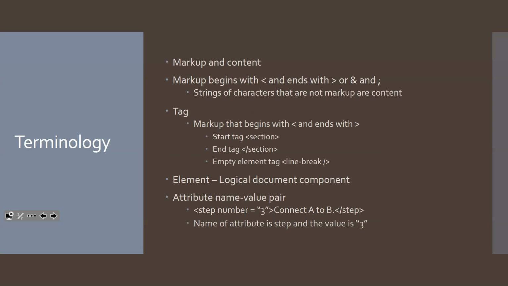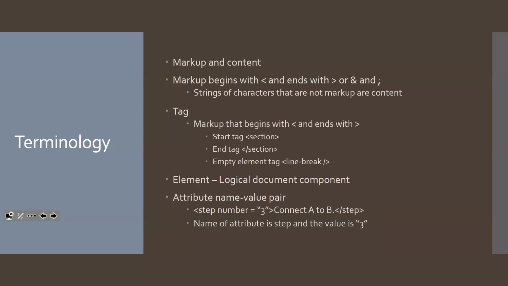This would start section. This would be our ending tag. We can have an empty element tag if we just had a carriage return and then a slash greater than symbol. Now, every time we run into a logical document component, we can refer to that as an element. And we can have attribute name value pairs, like this example here.